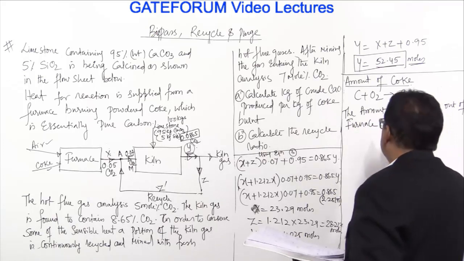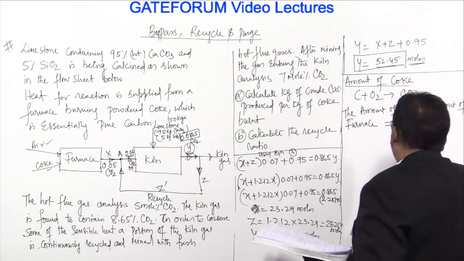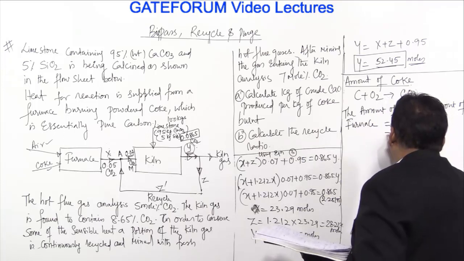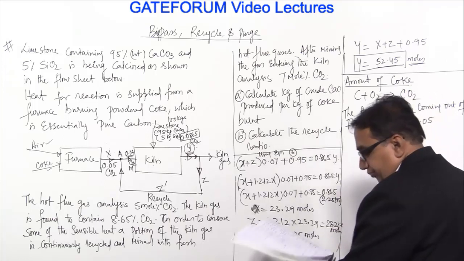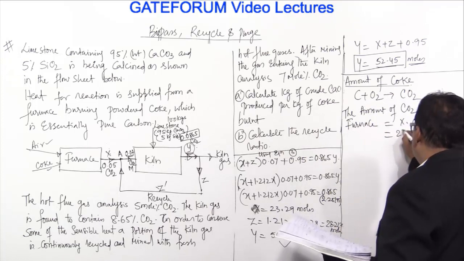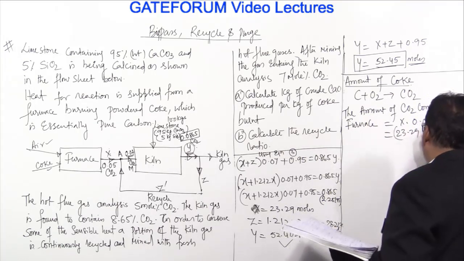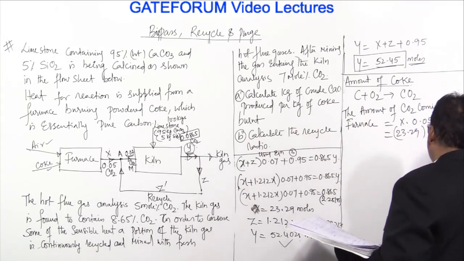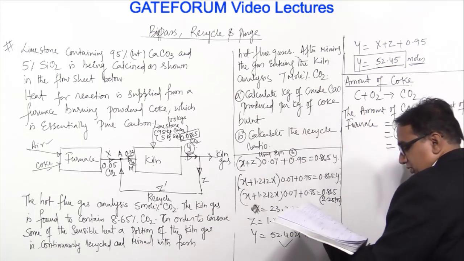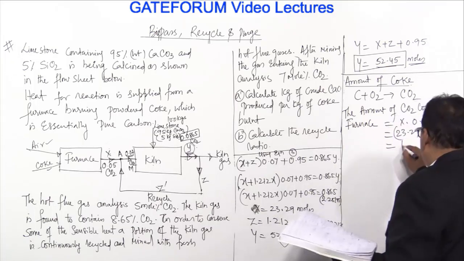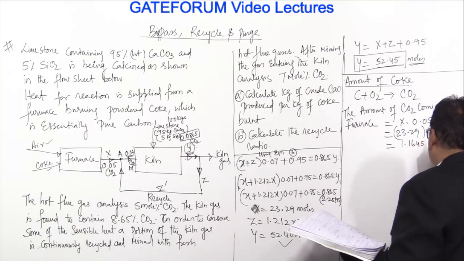X into 0.05. I know X. X is 23.29 into 0.05, so that is 1.1645 moles of carbon dioxide.